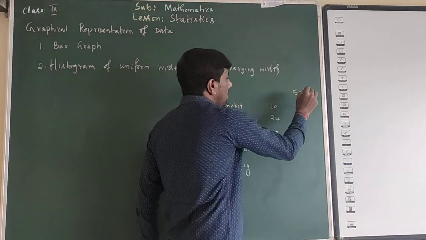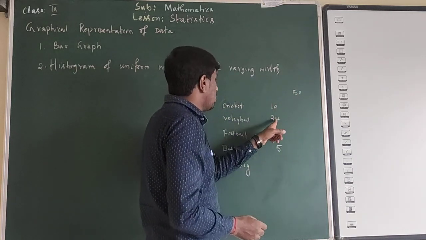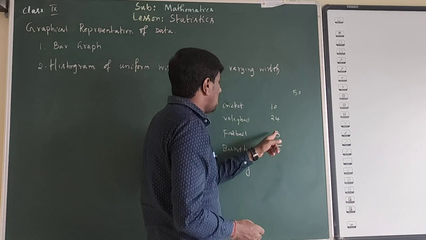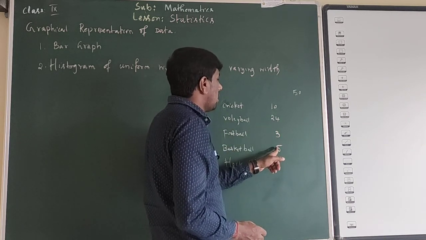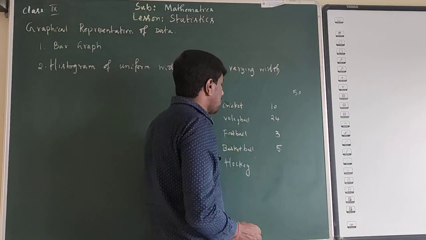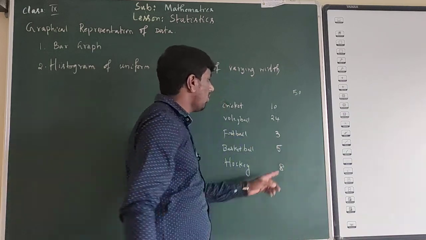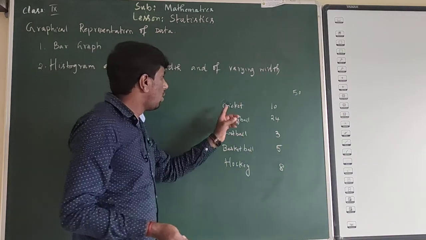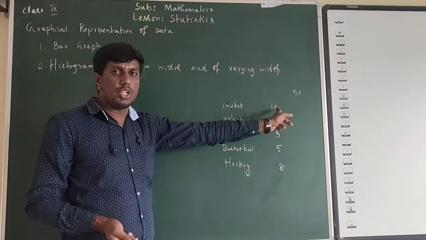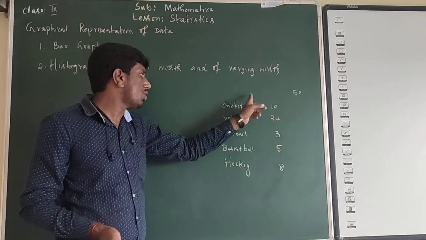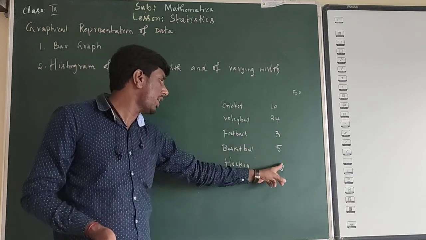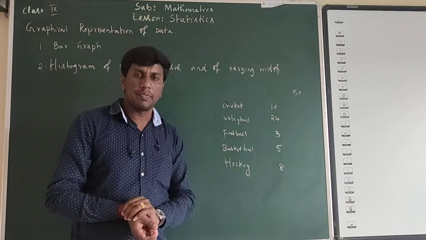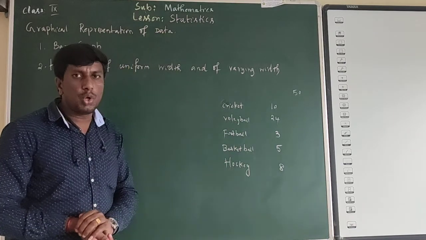Suppose you have 50 members in total. So 10 children like cricket, 24 like volleyball, 3 like football, 5 like basketball, 8 like hockey. Now the total becomes 50. So this is ungrouped data now.